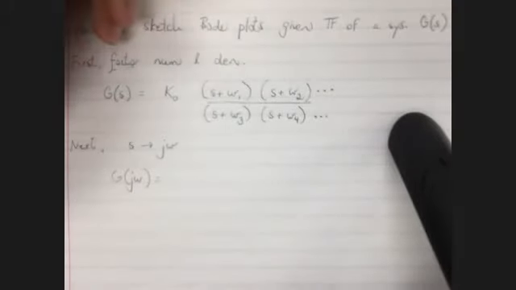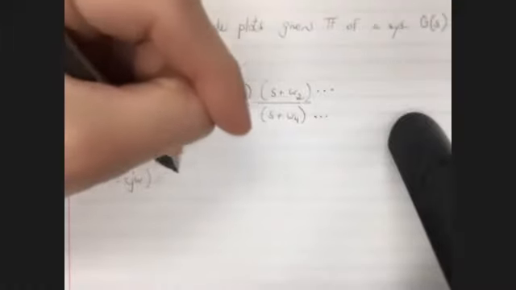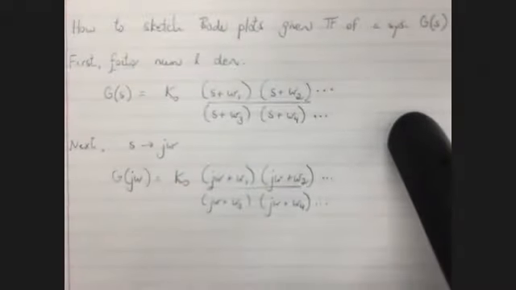So wherever you have an S, you turn it into j omega. So this would be k0, then j omega plus omega 1, j omega plus omega 2, and at the bottom, j omega plus omega 3, then j omega plus omega 4, and so on.